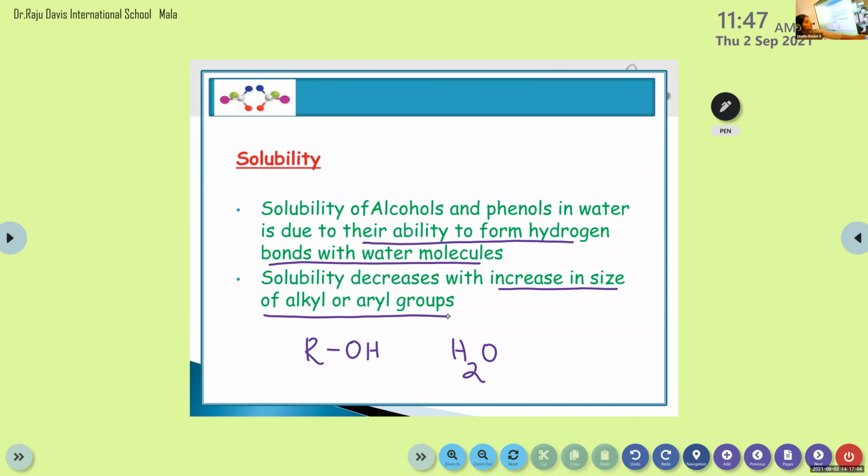And certain alcohols with lower molecular mass are almost completely miscible in water. Miscible means completely dissolved in water. Is this clear about the physical properties? Only two physical properties are explained here. First is boiling point, second is solubility.